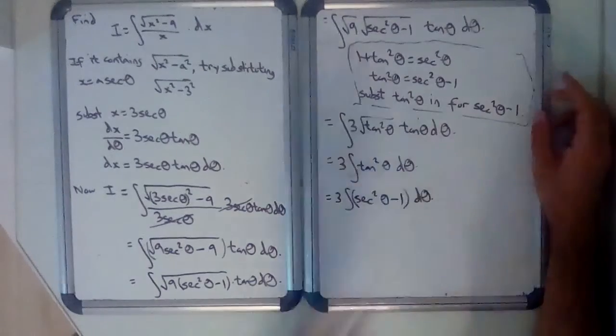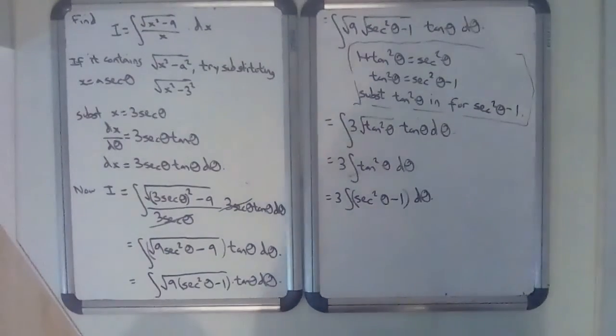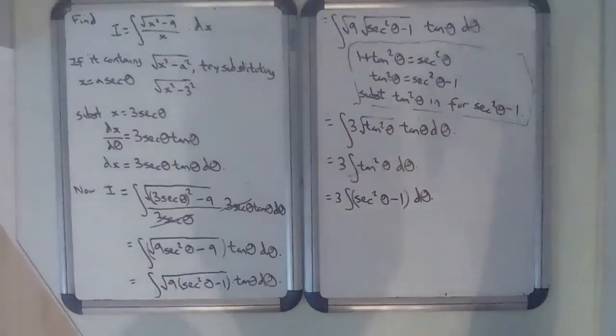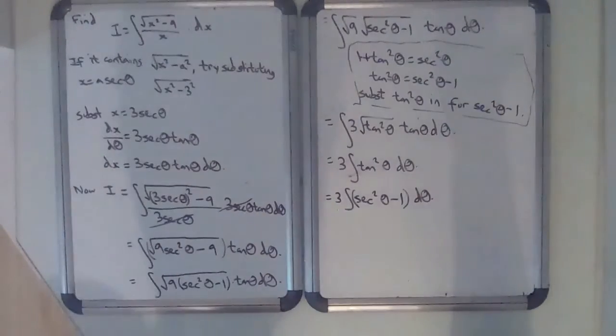with respect to theta. Right, so now, hopefully remembering it, but otherwise looking at your formula booklet, you should know that tan theta, or tan x, differentiates to sec squared theta or sec squared x, depending on what your variable is.